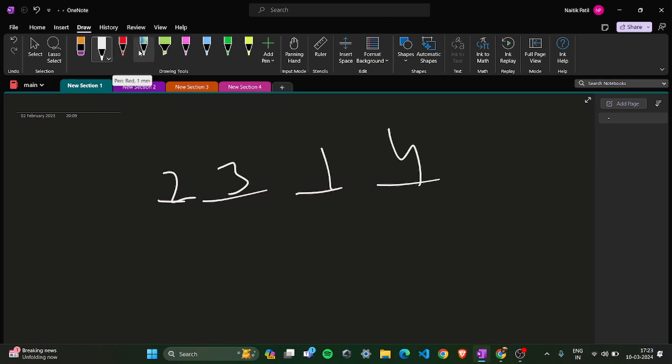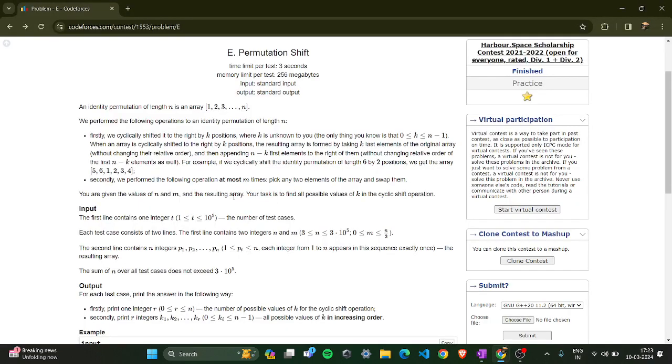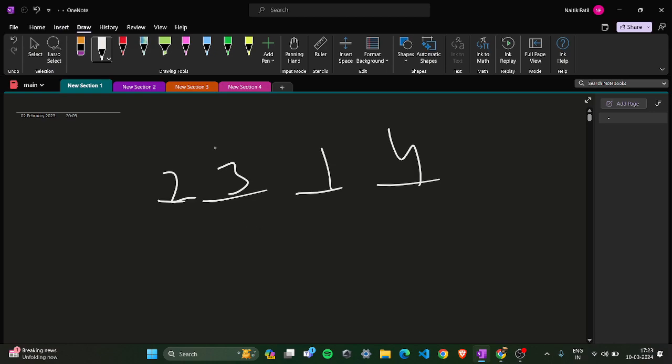So now our problem is reduced to: we are given an array and we need to perform the minimum number of swapping operations. Why minimum? Because we can perform at most m swapping operations. So we are given an array and we need to perform the minimum number of swapping operations to it such that we can reach our desired permutation.